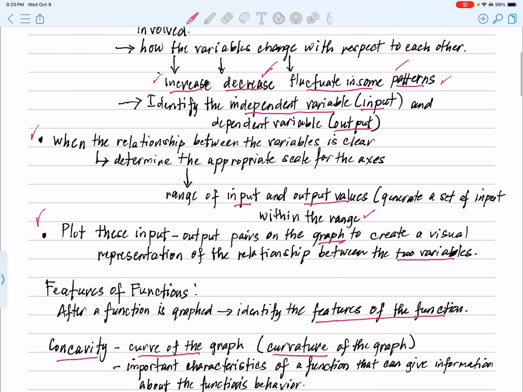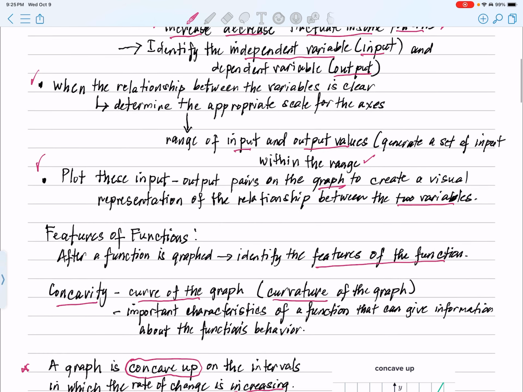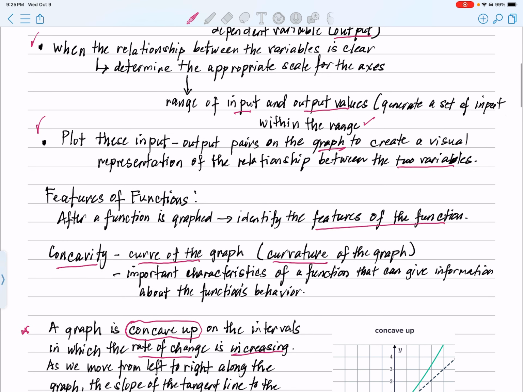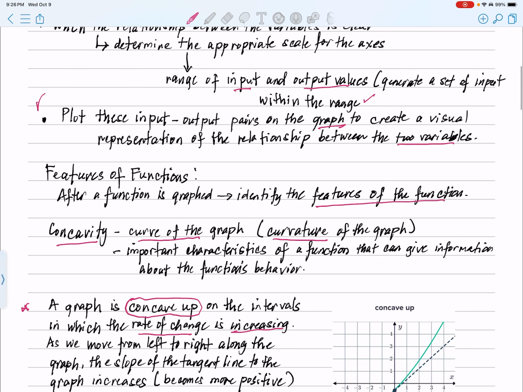Now in this part 2, we will focus on the basic elements of function graphs. These are the features of functions. So after a function is graphed, we identify the features of the function.